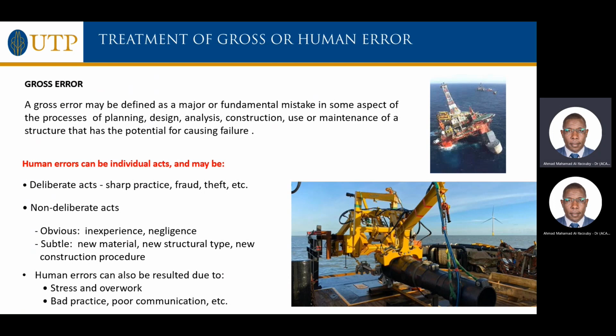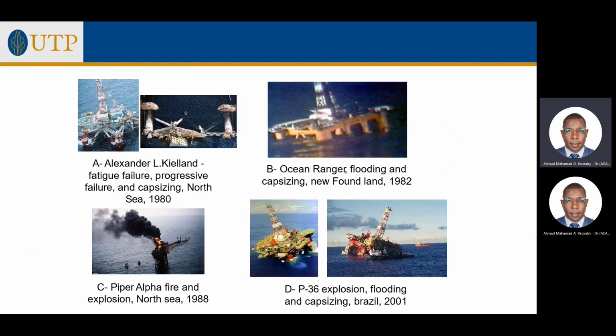So all this will fall under human error. And as a designer, you have to take all this into consideration during the design process. The main objective of this course is actually to understand the risk and come up with an appropriate mitigation plan in such a way that failure or the risk of failure can be minimized.